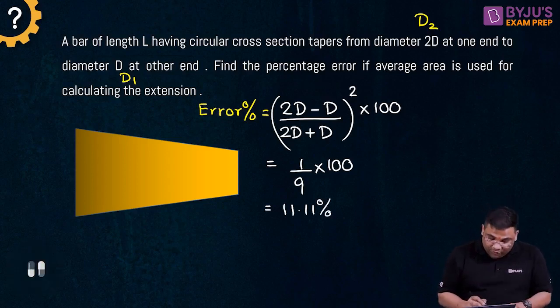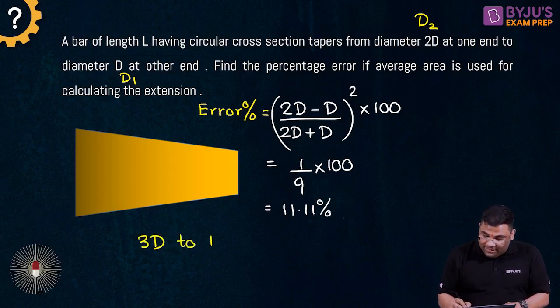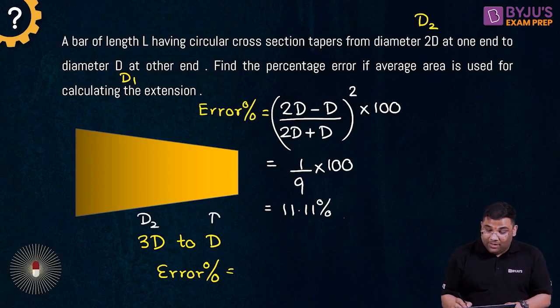If they change the question, just give some random thing. Suppose they are telling it is, the tapering is done from 3D to D or D to 3D. Then also you can find out the error percentage, right? By just using this formula. You see, here this will become D2 and this will become D1.